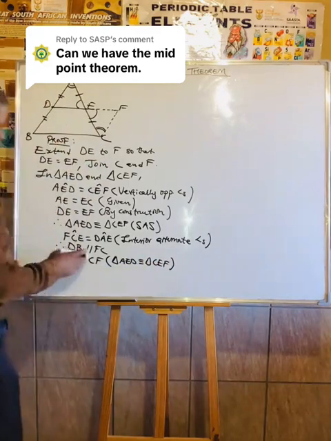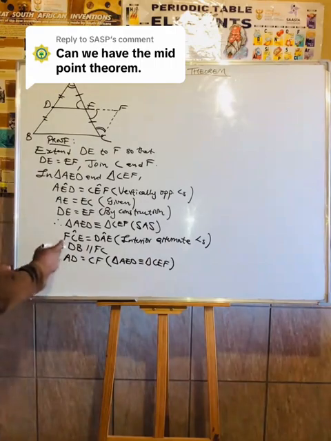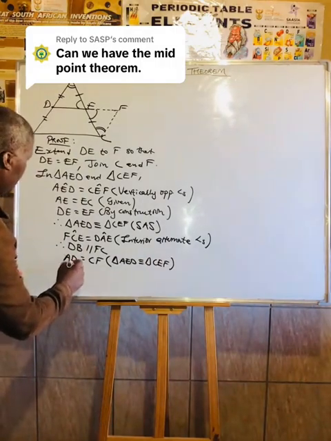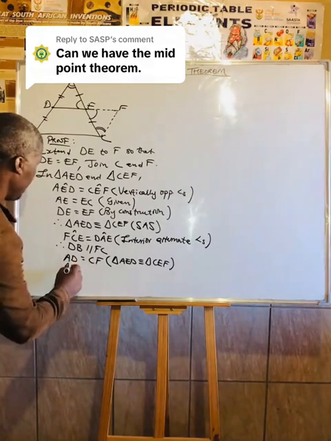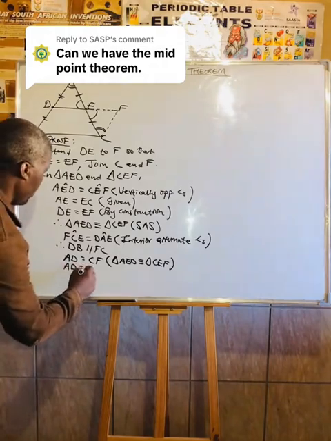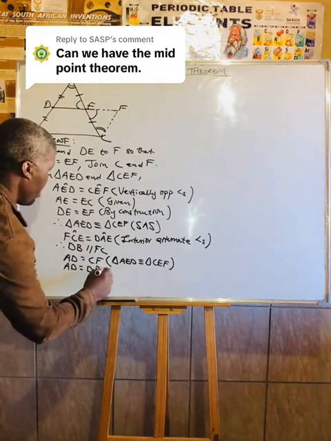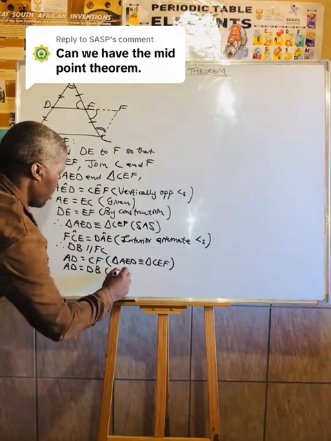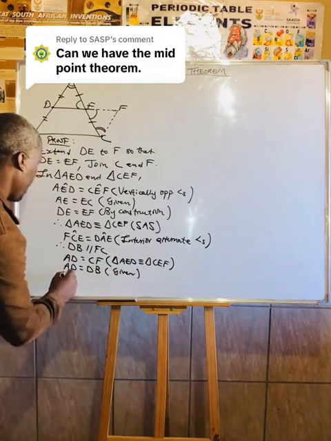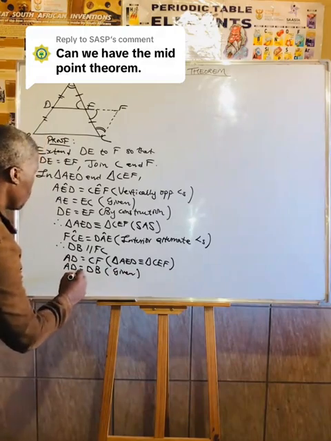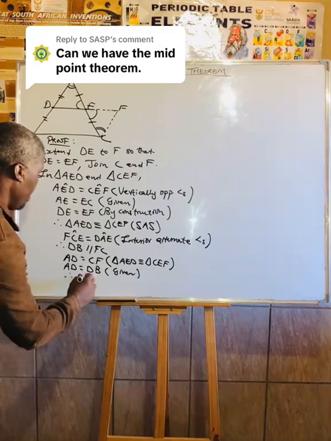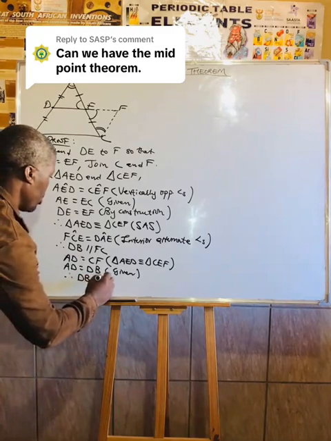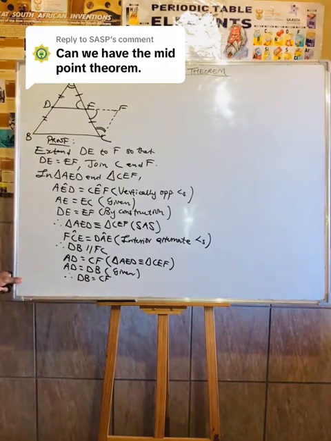In other words, these are corresponding sides. But we also have this AD being equal to DB. That was given. Therefore, DB is equal to CF.